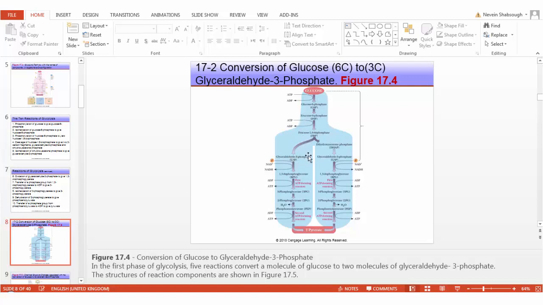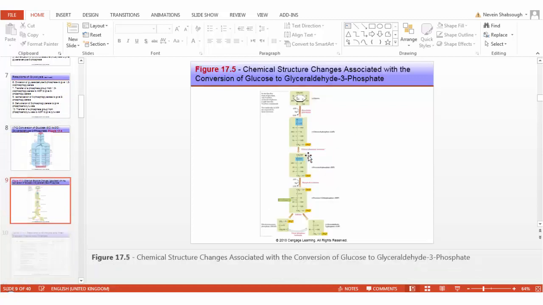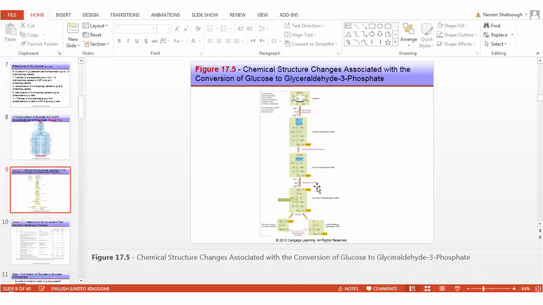This is phase 1, and the next figure shows you the structure of reaction components associated with such conversion of glucose into glyceraldehyde 3-phosphate.